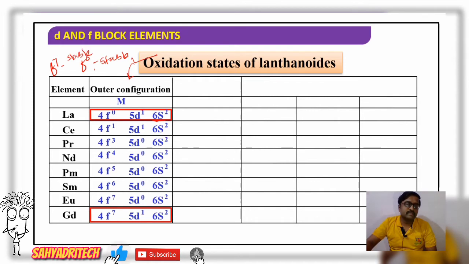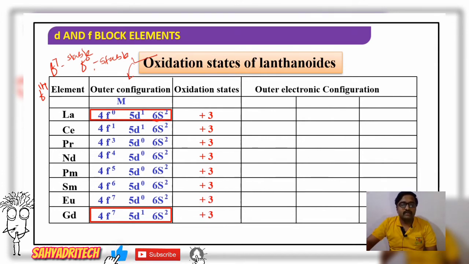Therefore, what oxidation state may lanthanum and gadolinium exhibit? Lanthanum can lose all these 3 electrons, so it shows +3 oxidation state. Gadolinium also loses 3 electrons, so it shows +3 oxidation state. So overall for lanthanides, +3 is the most common oxidation state.